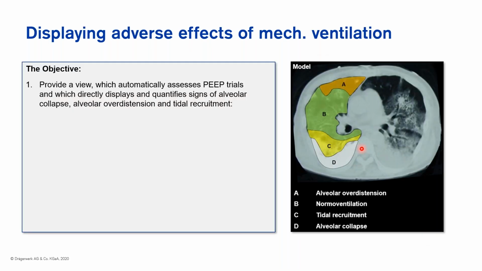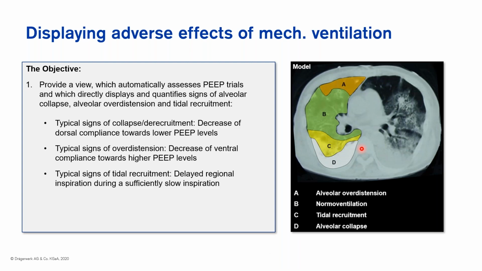So that's why we need a possibility to look for the typical signs of collapse and recruitment. Either we can use global parameters such as desaturation or reduced tidal volume, or ideally we would even look at the regional ventilation distribution.